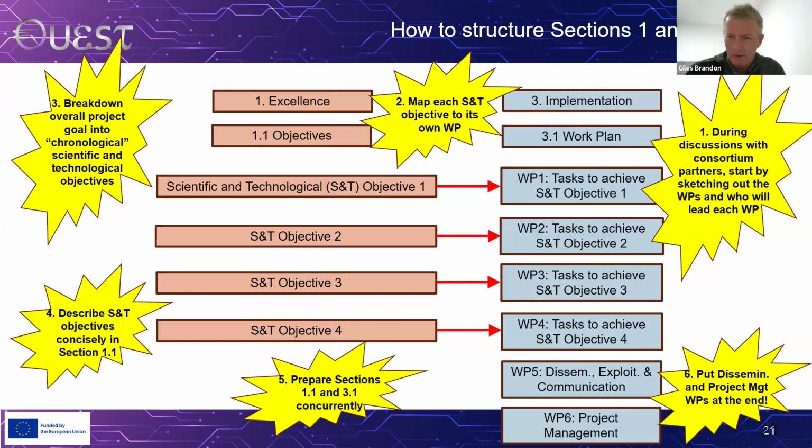So if we start with number 1 in the top right-hand corner, in the initiation phase of developing a proposal, when I have a meeting with the critical mass of consortium partners, during those discussions usually what you find is that naturally consortium partners say, well, I can do this, you can do that. Oh, your laboratory's got this equipment, etc. This is fine. This is great. This is what you want to hear. In essence, they're talking about tasks that they can do.